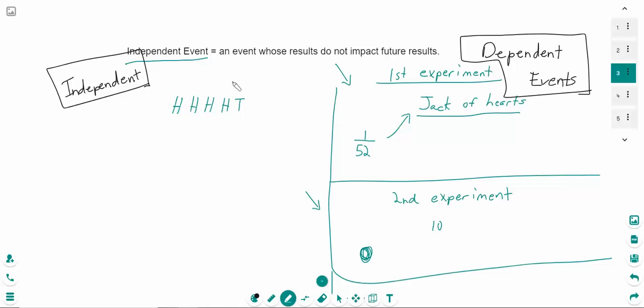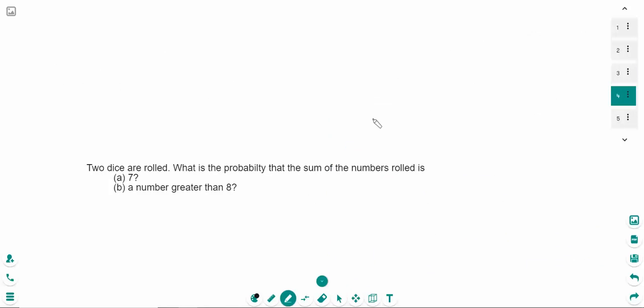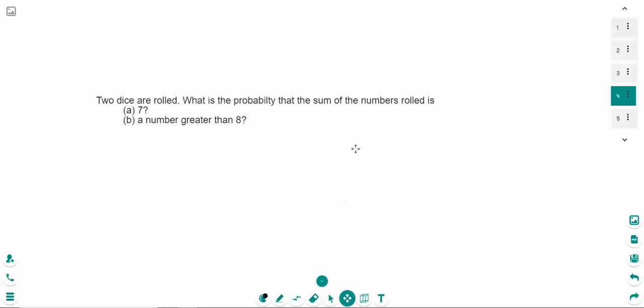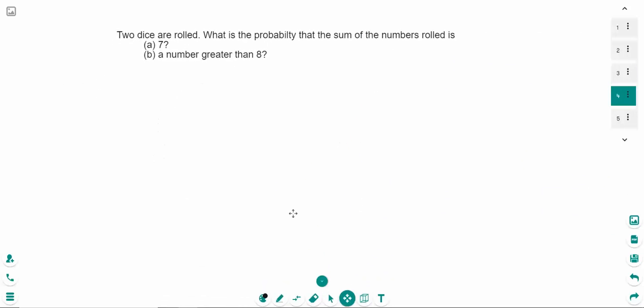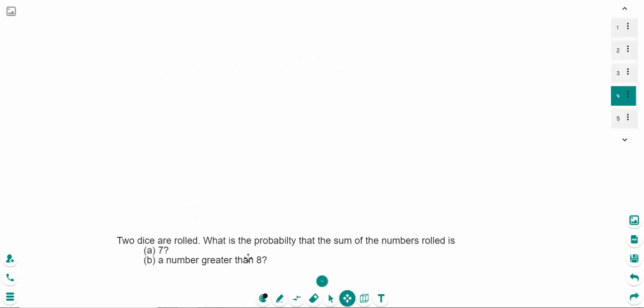All right, so let's move on. Let's try a couple here and see how we do. Let's put some of what we've talked about into practice. So let's say you have 2 dice, and they are rolled. What is the probability that the sum of the numbers rolled is 7? Actually, before I do this, I'm going to start with a simpler one.